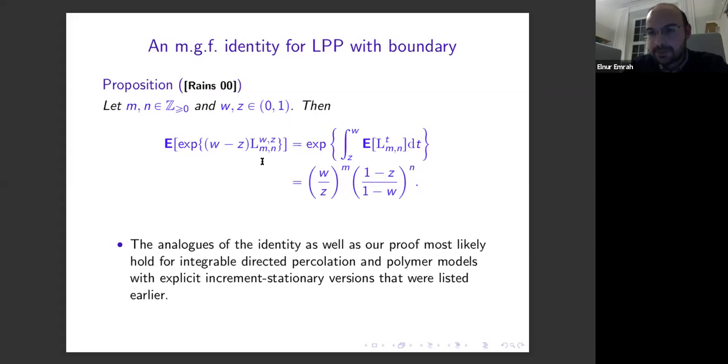And those increments, their distributions are known. They are the same as the boundary weights. So from that, we pick up this factor, and this other factor just comes from the Radon-Nikodym derivative in the change of measure.